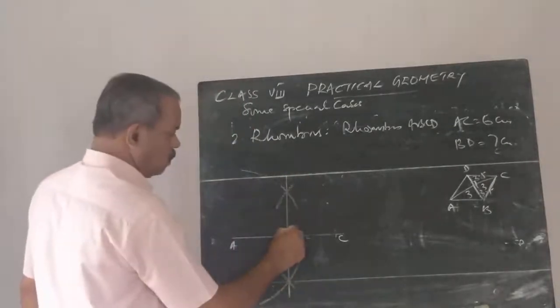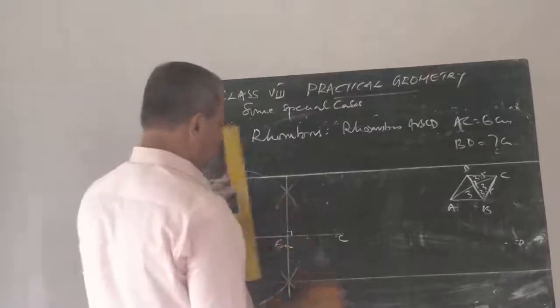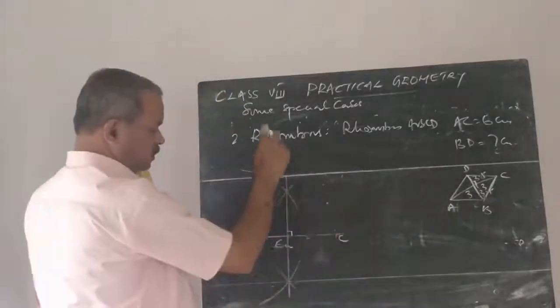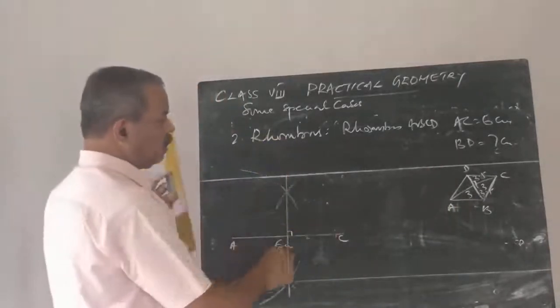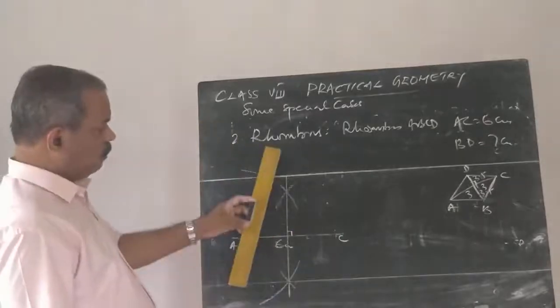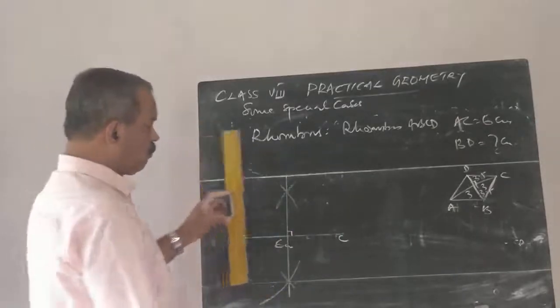Now the second diagonal, they bisect each other. So the second diagonal length is 7 centimeters.